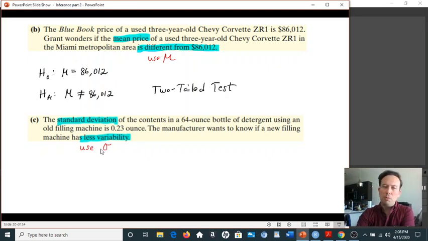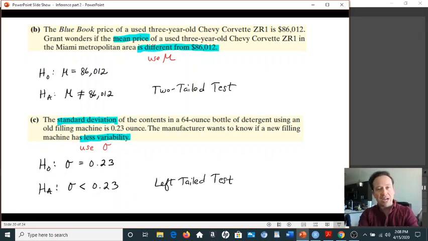The null hypothesis would be that sigma equals 0.23, because remember, the null hypothesis always has an equal sign. And then, of course, less variability would mean the alternative would be that sigma is less than 0.23. So that means your alternative hypothesis will be on the left side of the bell curve, which would require us to use a left-tailed test.